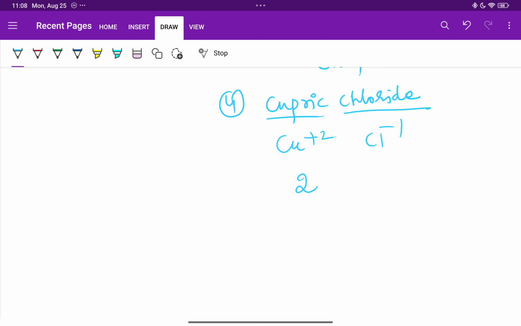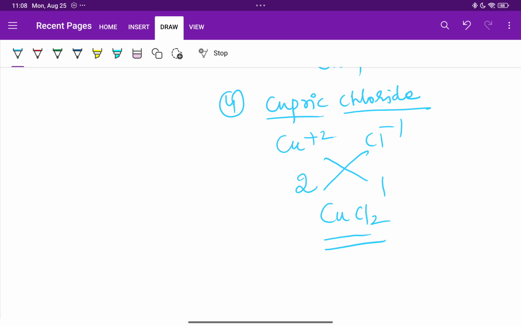Here +2, 2, -1, 1, interchange the charges, CuCl2 is cupric chloride. Generally in the exam they will write copper 1 chloride, copper 2 chloride. Copper 1 chloride is nothing but cuprous chloride, copper 2 chloride is nothing but cupric chloride. So here the Roman number indicates the charge on the metal.